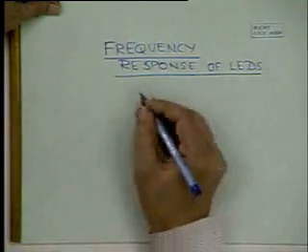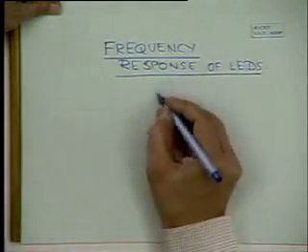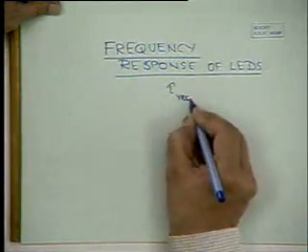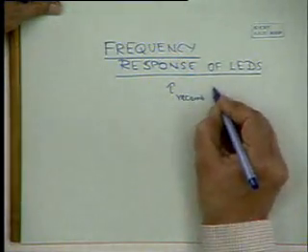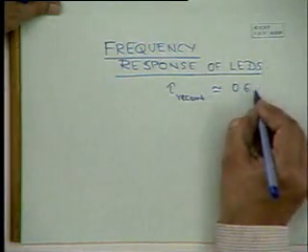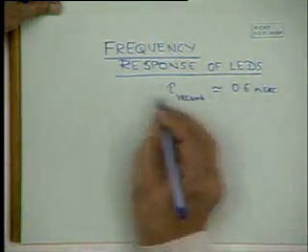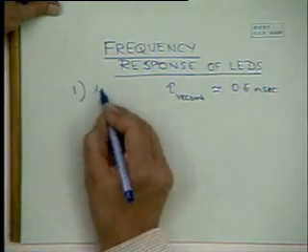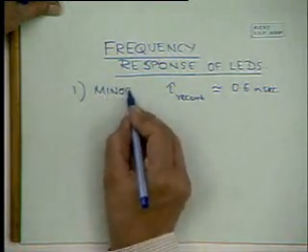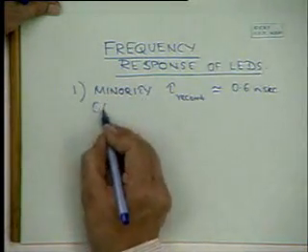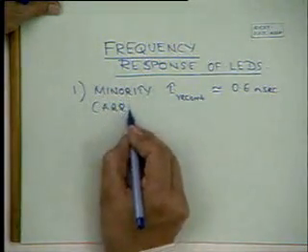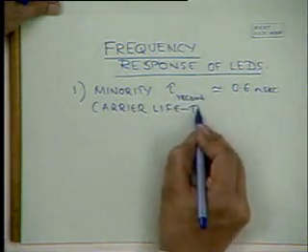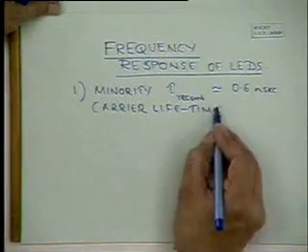We know that we have calculated that the spontaneous recombination time is of the order of about 0.6 nanoseconds. This is connected with the minority carrier lifetime of a device.